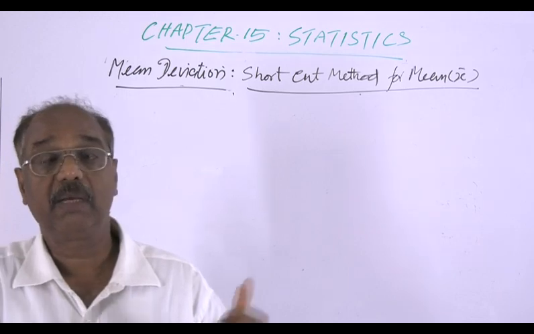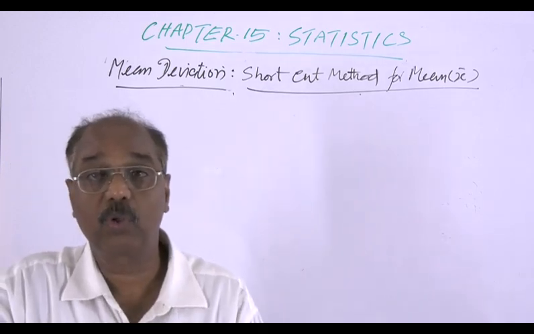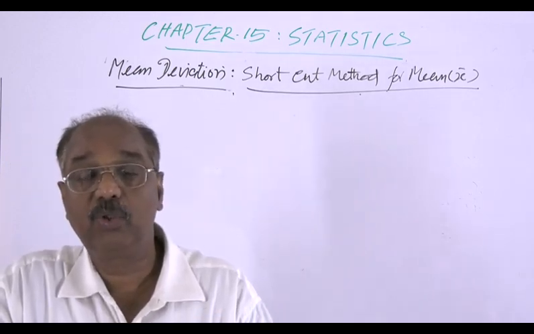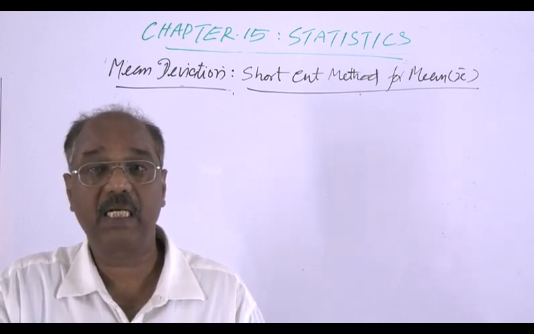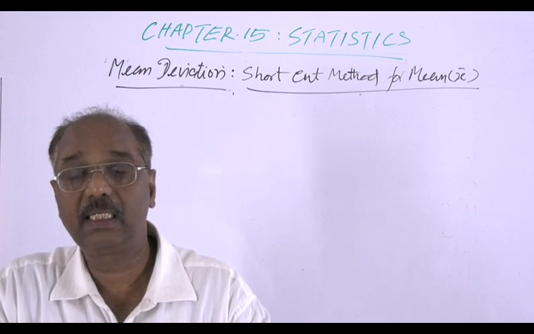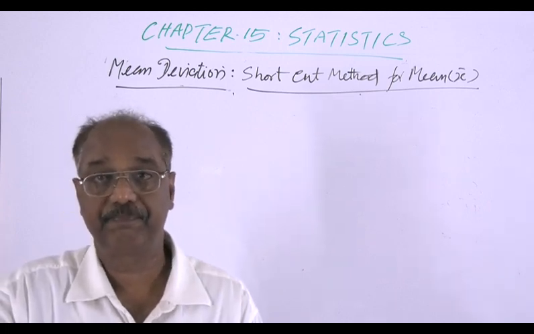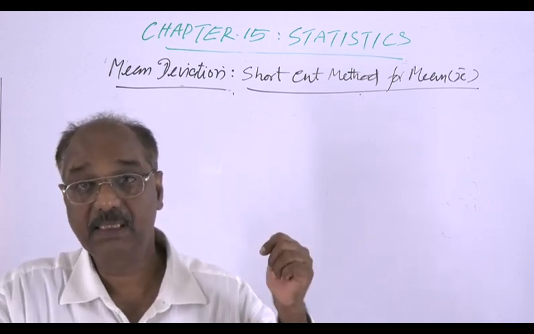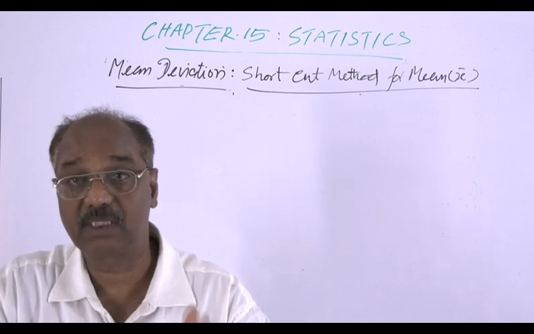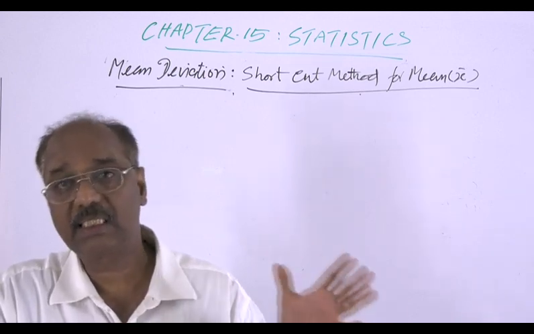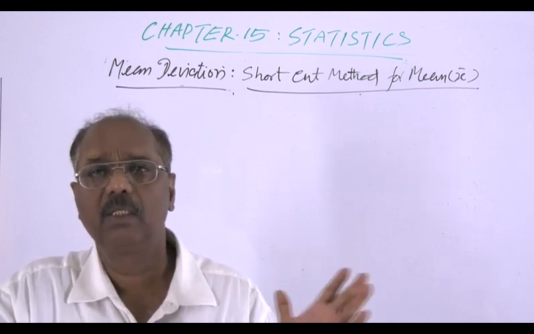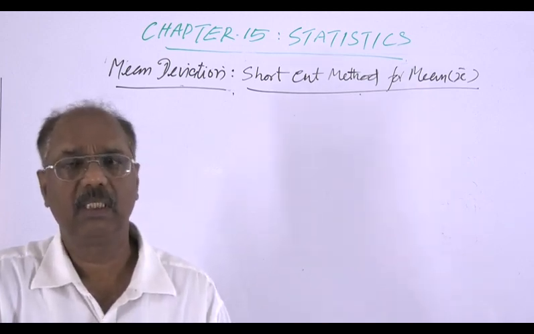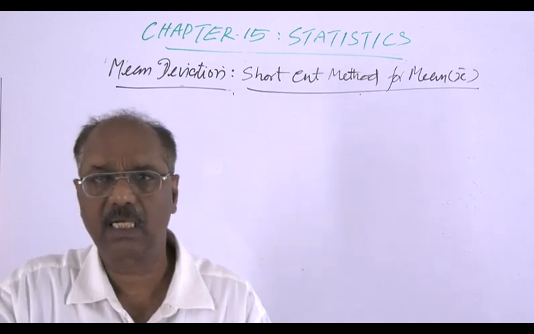We apply this shortcut method for data given in the form of grouped data of continuous type. For the other types of data, we usually do not apply the shortcut method. If necessary, we can apply it there also.